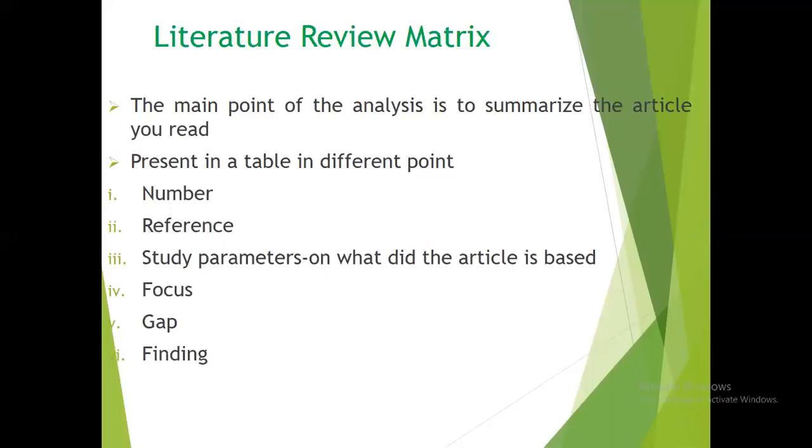You can keep the gap at the last and the finding second last, which will be easy for you. If you arrange the articles in this way, that will be helpful for you.